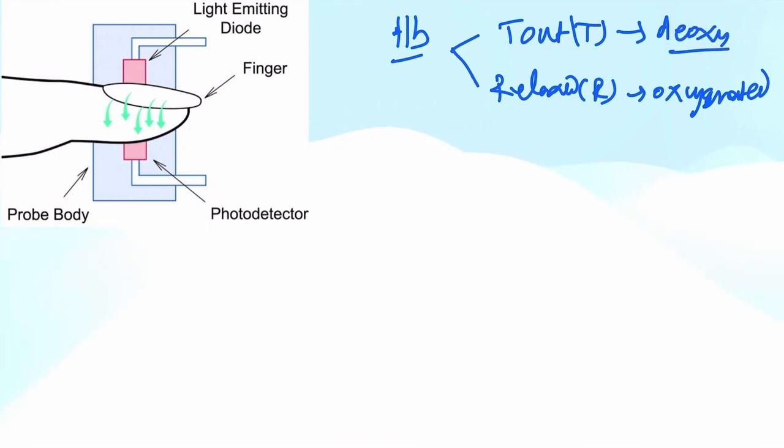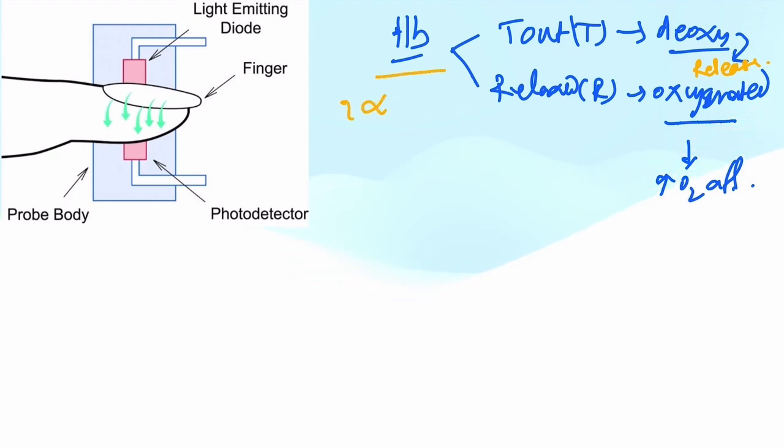So what happens when it is oxygenated? It will have higher and higher affinity for oxygen, right? And when it is deoxygenated, it will promote the release. Hope you remember the principle of cooperativity, right? And our normal adult hemoglobin has 2 alpha chains and 2 beta chains.